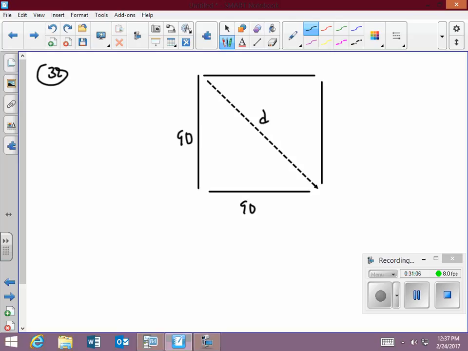It's a squared plus b squared equals c squared. The distance equals the square root of 90 squared plus 90 squared, the square root of 2 times 90 squared. And that's just a calculator problem, right?